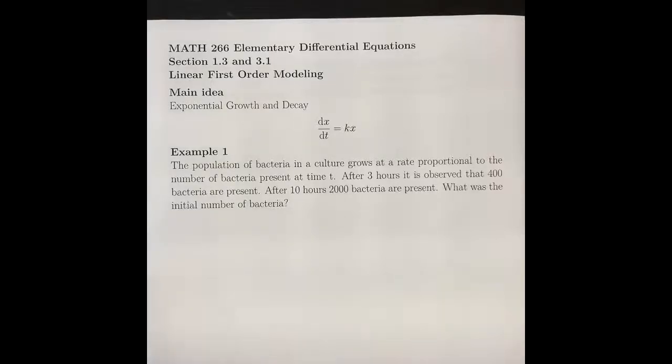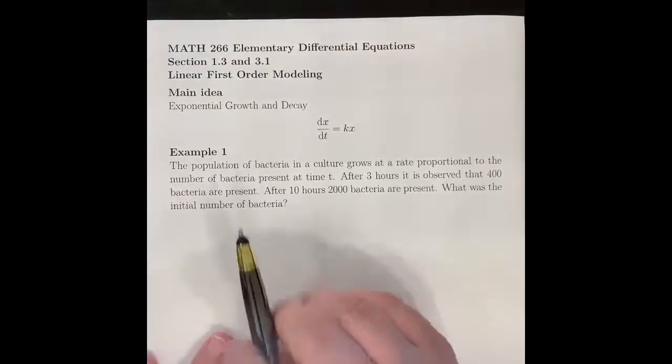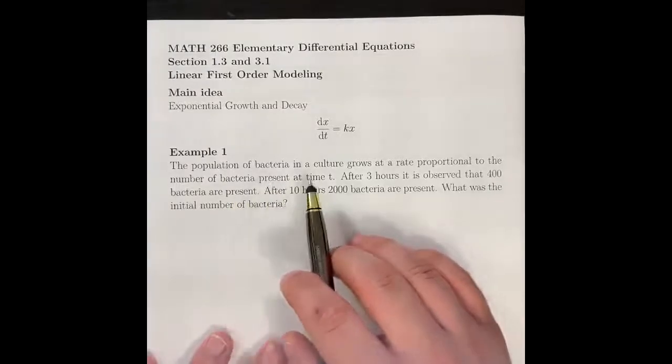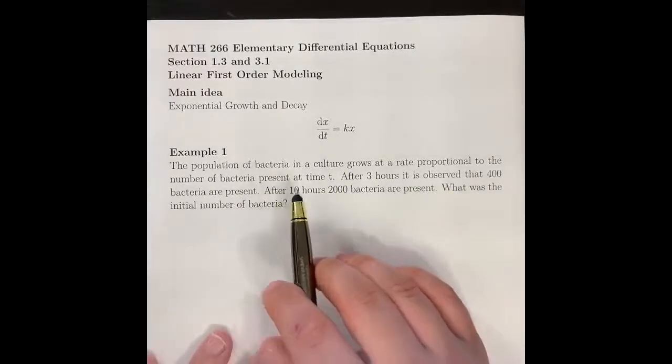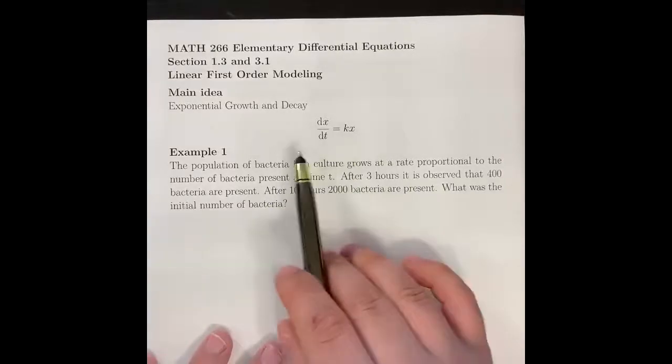You kind of think about what's going on in the real world and understand the situation itself. Okay, so one of the first examples is thinking about populations. Okay, so let's just read this example. So the population of a bacteria in a culture grows at a rate proportional to the number of bacteria present at time t. So that's exactly the situation here.